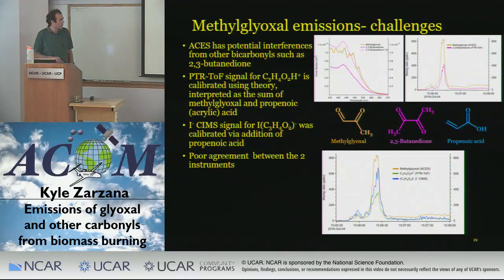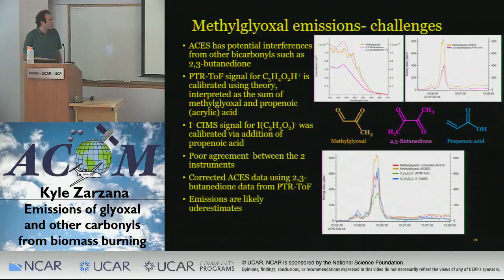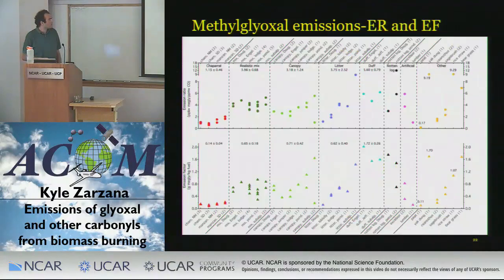So there's still a lot of work to be done on this measurement. What I did is I ended up using the 2,3-butanedione that was measured by the PTR-TOF to correct our methylglyoxal, and that brings it down by about 20%. But they're likely to be underestimates, and there's a lot of uncertainty in this measurement.